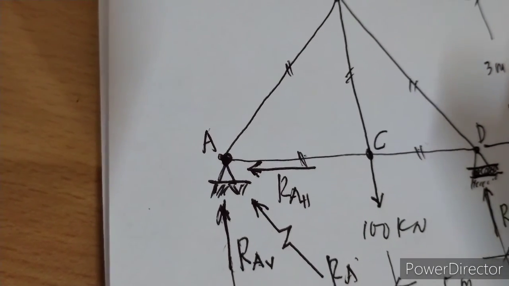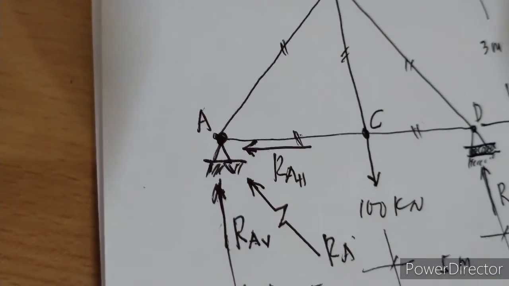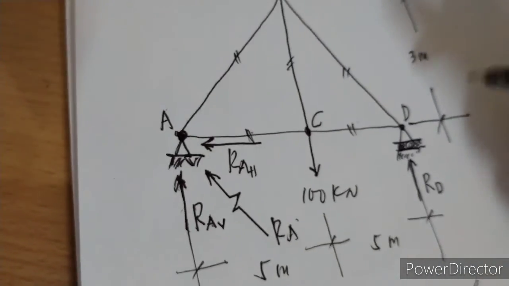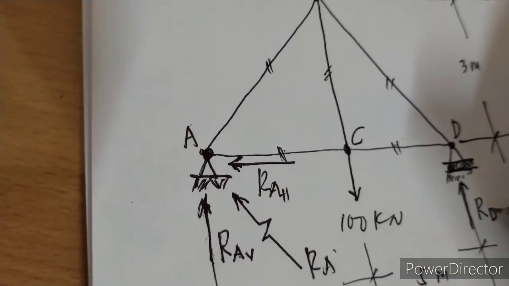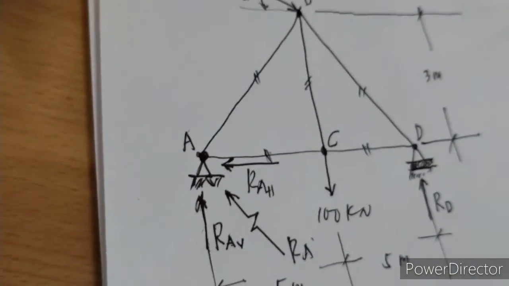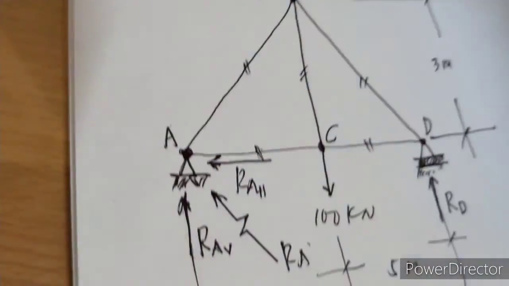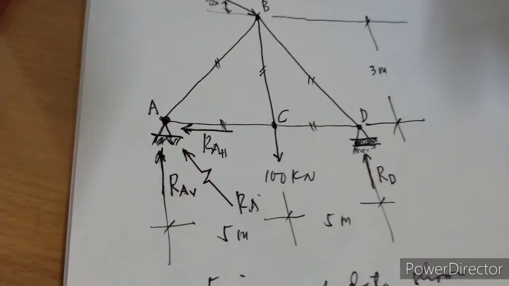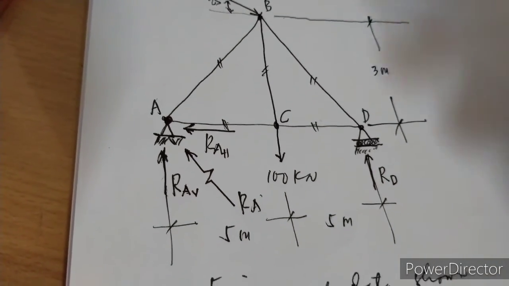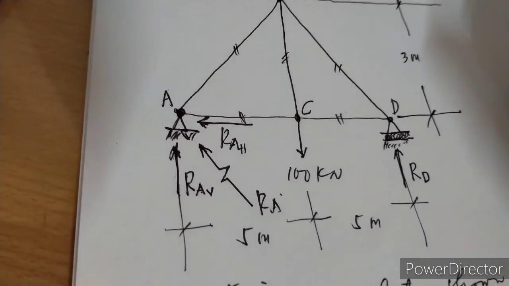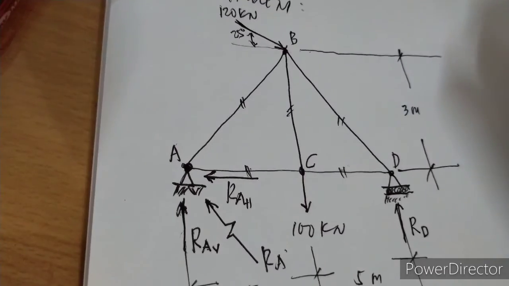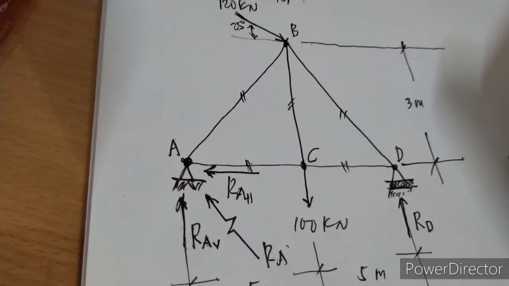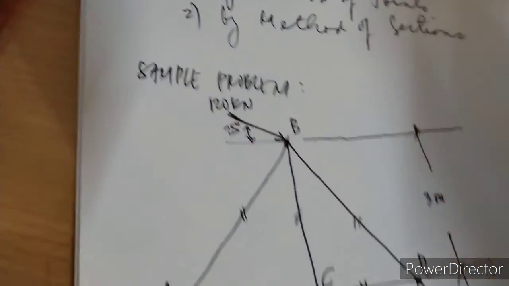So we just simply have this as RD, since there is no RDH or RDV, so let's just have it RD. But for you to be able to solve this, you must again recall the three important equilibrium equations in statics.